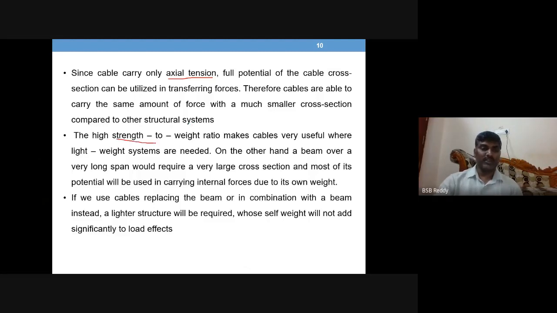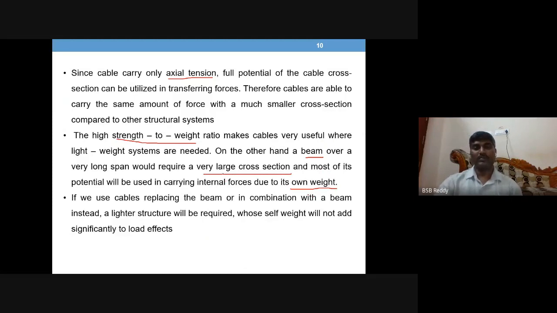So the same is written here. High strength to weight ratio makes cables very useful where lightweight systems are needed. Whereas if you use a beam for a very long span, it would require a very large cross section, and most of its potential will be used in carrying its own weight.